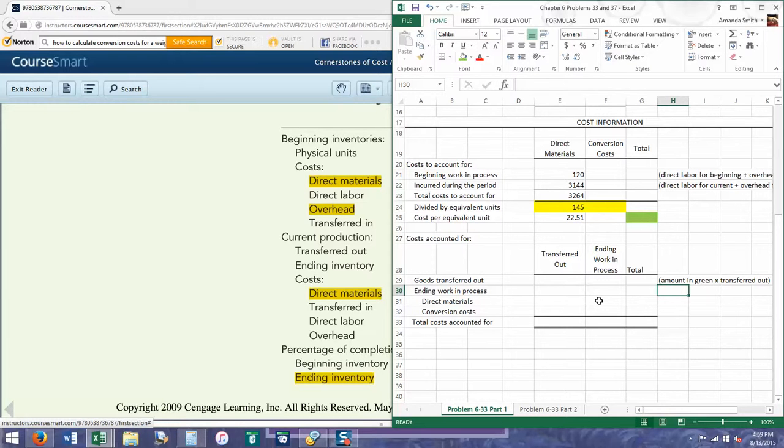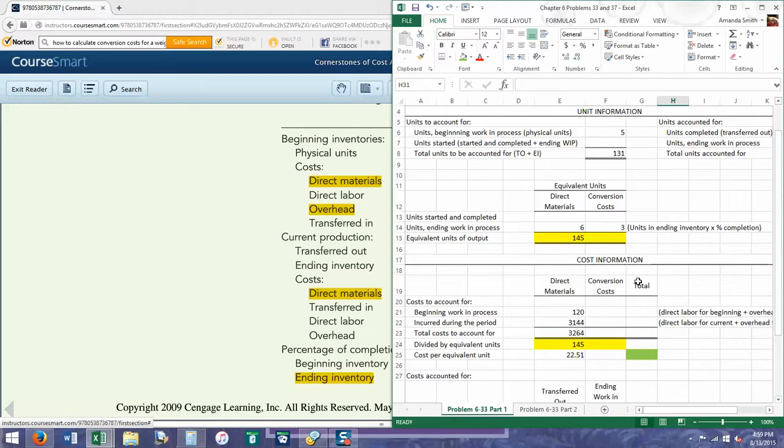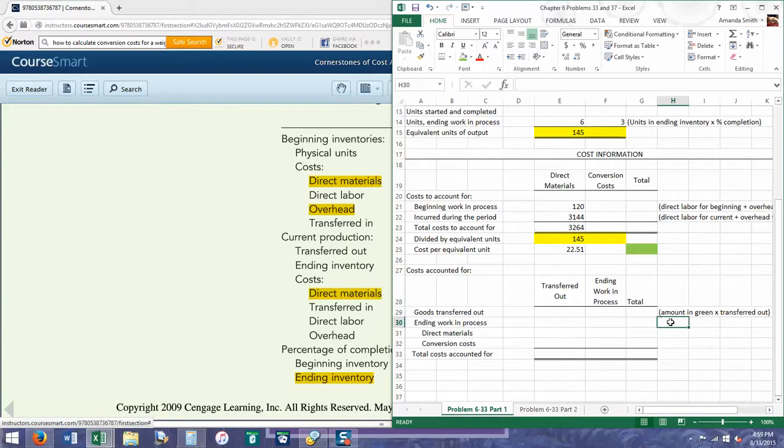For ending work in process, that is going to be calculated by your direct materials. For direct materials, we have 6 left, which is right here, units in ending work in progress. So we're going to have 6 times our amount that we got for right here.